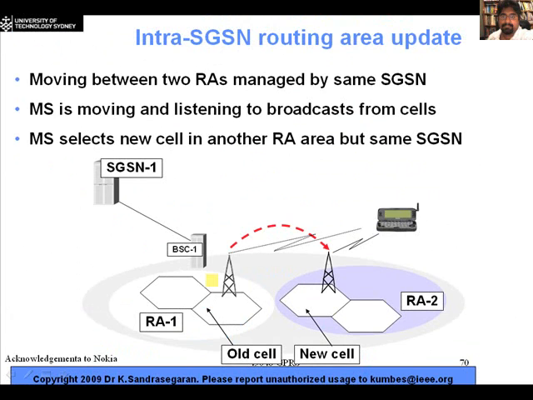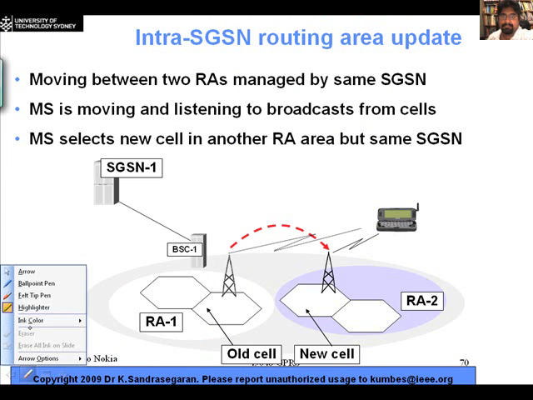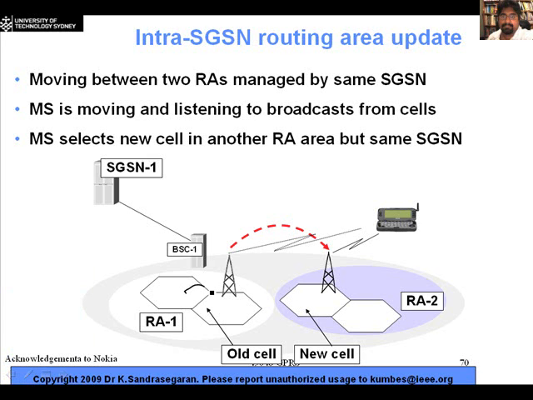If you look at this diagram here, if a subscriber was to move from there to there, in this case they're within the same routing area. So this is just a cell update procedure. If they move from this cell to this cell, here they are moving from one cell to another cell, but the two cells are in two different routing areas, under the control of one SGSN.